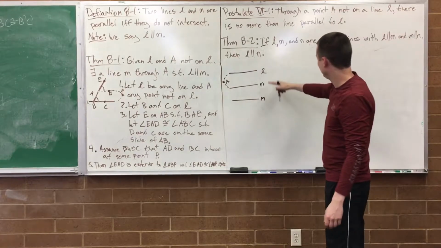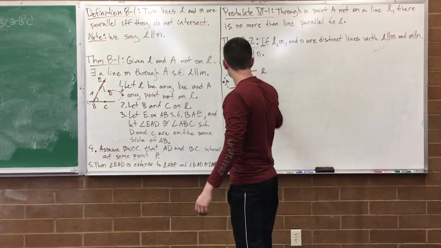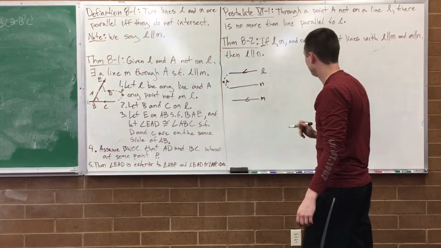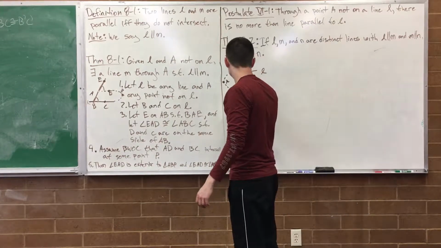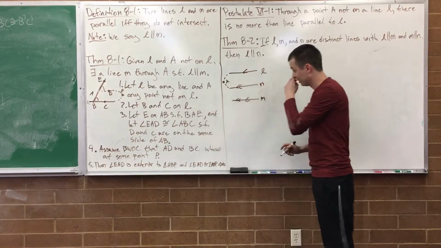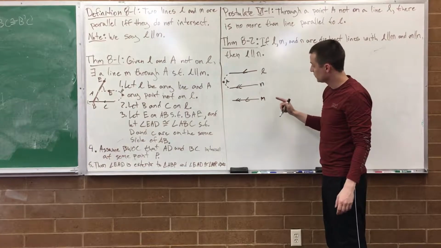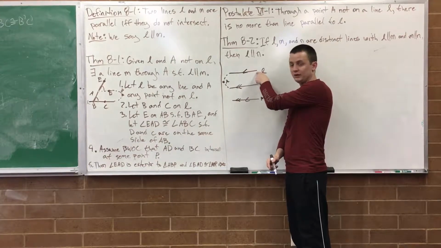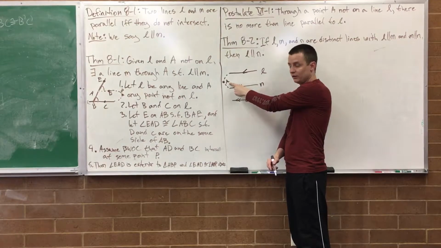L is parallel to M. And M is parallel to N. Oh, there we go. Okay, here's how we have our contradiction. We have L and N, two lines that go through the same point, right?